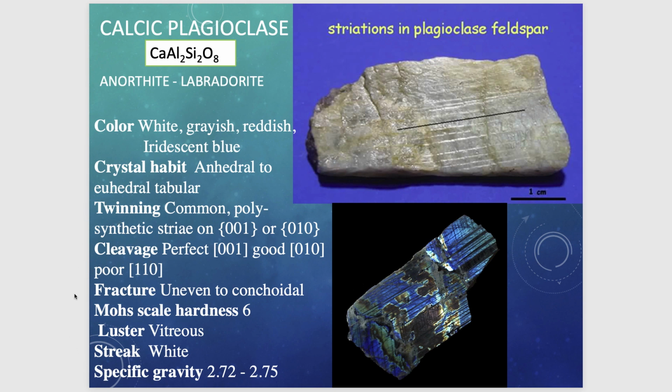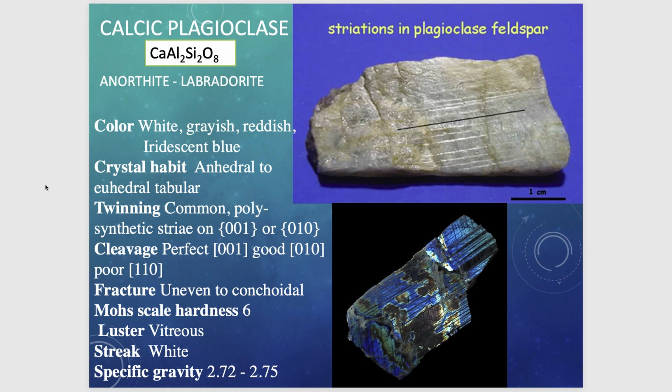The fracturing is often uneven to conchoidal, and the hardness is 6, so it's quite hard, but not as hard as quartz, as we have seen in the previous lecture. And the luster is vitreous and it has a white streak, and the specific gravity is very similar to quartz.